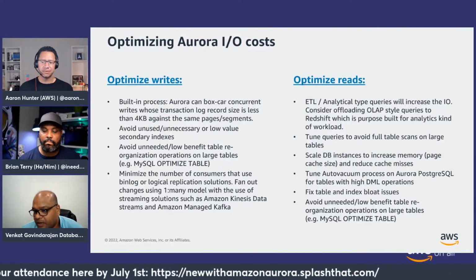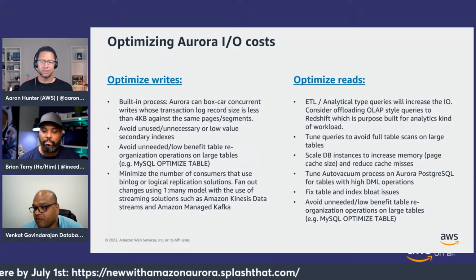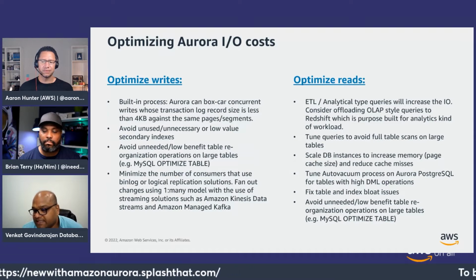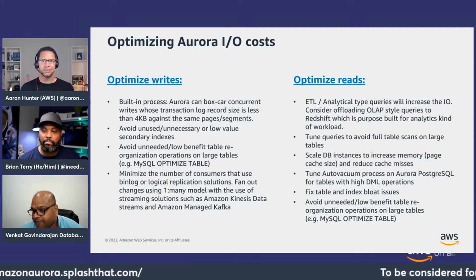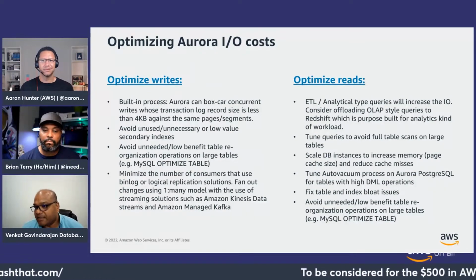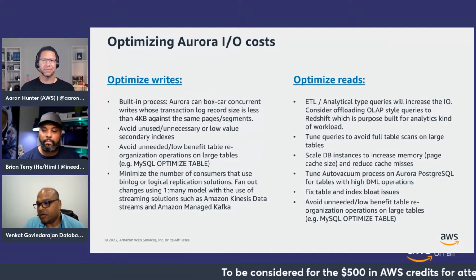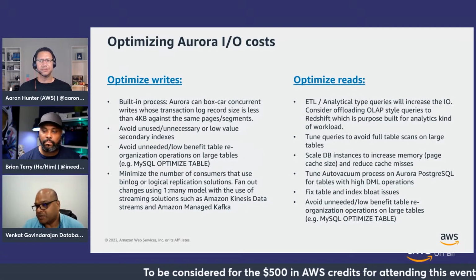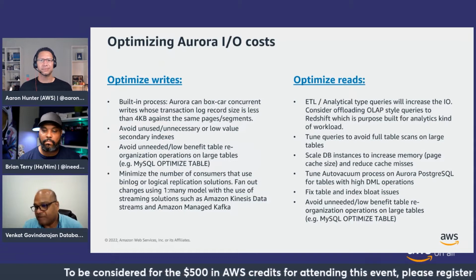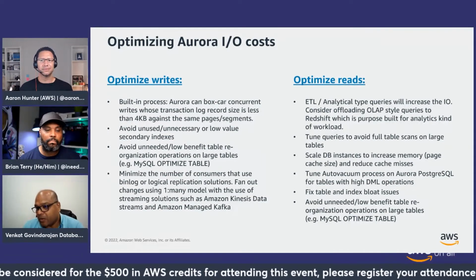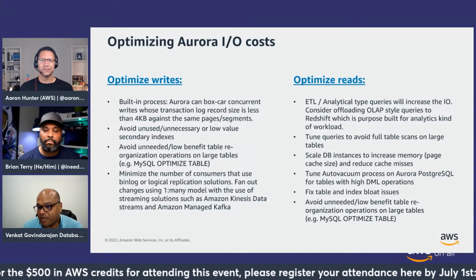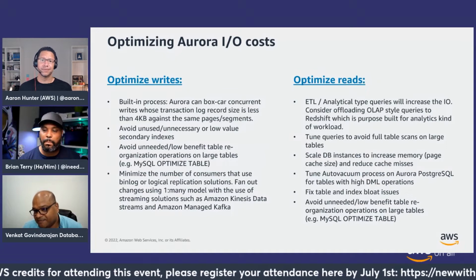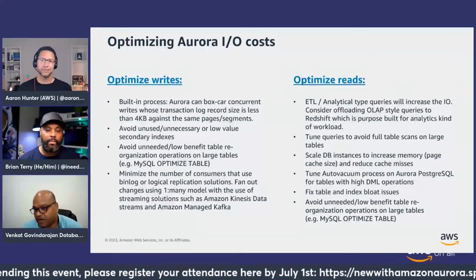A lot of times you require vacuuming because you are writing a lot to the table, doing updates and deletes and inserts. So that's a common theme here, right? Don't do updates, don't do writes too much. Keep writes as minimal as possible, so that you can avoid vacuuming or optimizing tables, and that way you can reduce your cost.